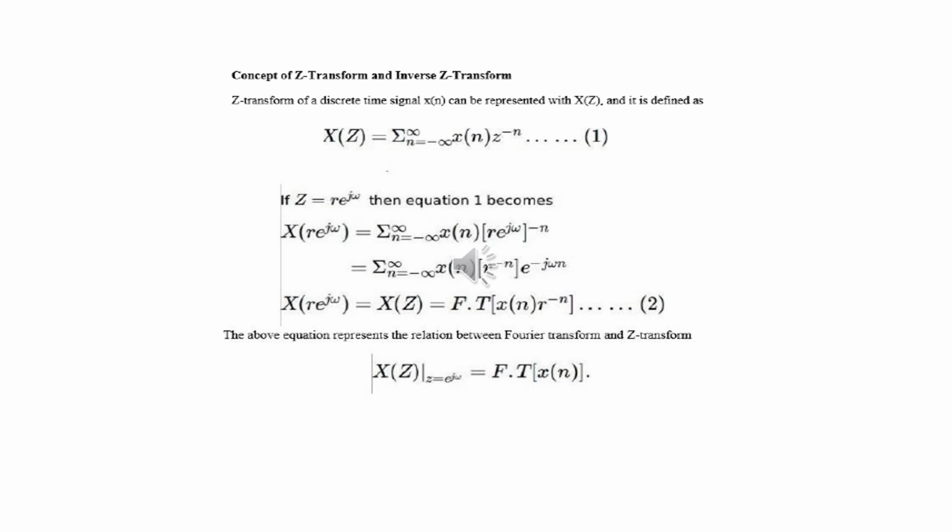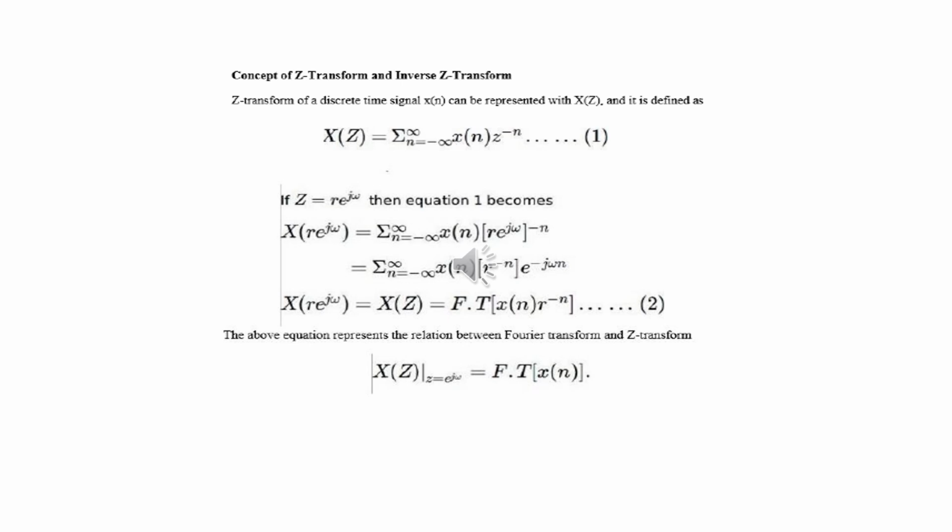On simplifying, we bring this minus n power to r and to e, so that the equation is rewritten as the summation n equal to minus infinity to plus infinity x(n) r to the power minus n and e to the power minus j omega n.